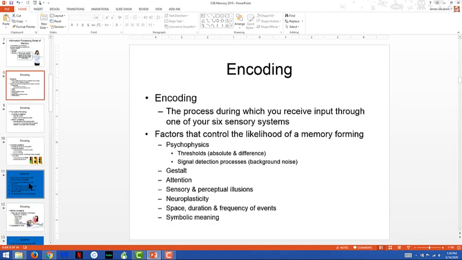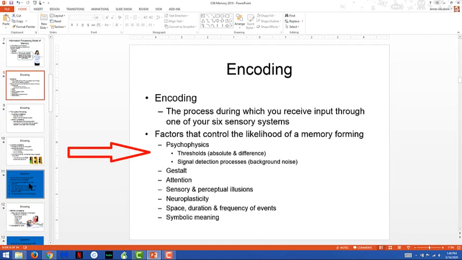Now, for the things that are encoded, they all follow the same general principles that we saw back in the learning chapter. In terms of psychophysics, for example, if you cannot detect change in stimuli, then any change in a stimulus will have no effect on you.